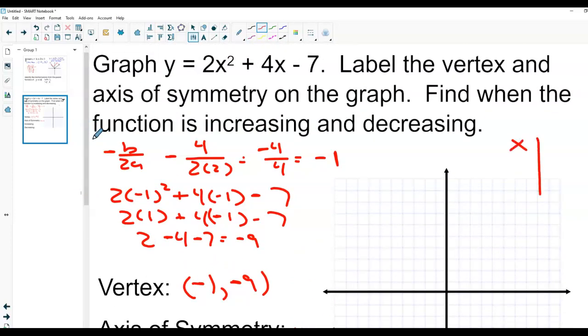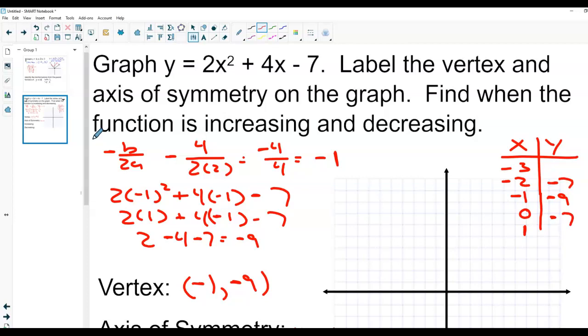If I do x, y, and I put my vertex in, I get (-1, -9). I'm going to go down 2. I'm going to go up 2. When I plug 0 in for x, I get -7, which means if I plug -2 in for x, I get -7 because it's symmetric.